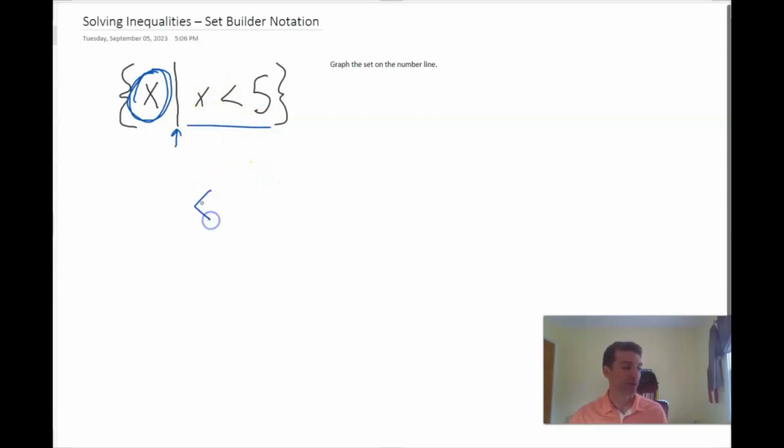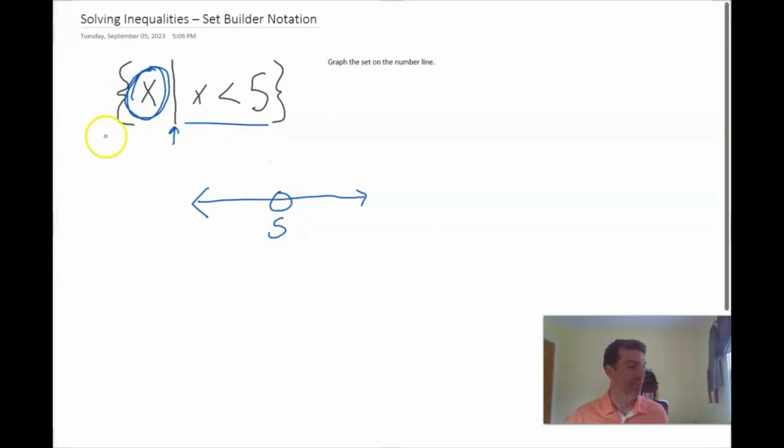And that is where you're basically just going to have your 5, your open circle, and you're shading everything to the left because it's less than, right? That's what that notation means. Graph all values of x such that x is less than 5. All you really are caring about is this part of it. I just don't want you to get confused when you see that slightly different notation. So that's what we call set builder notation.